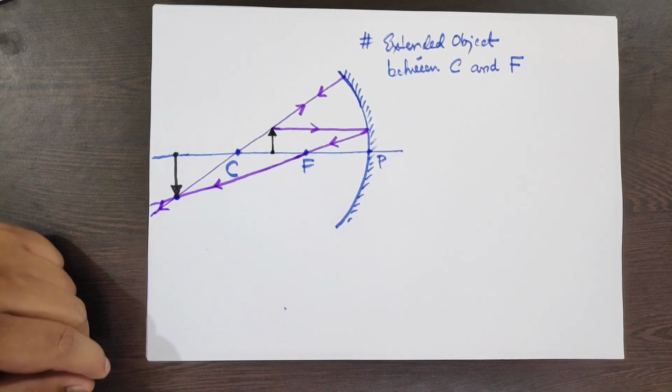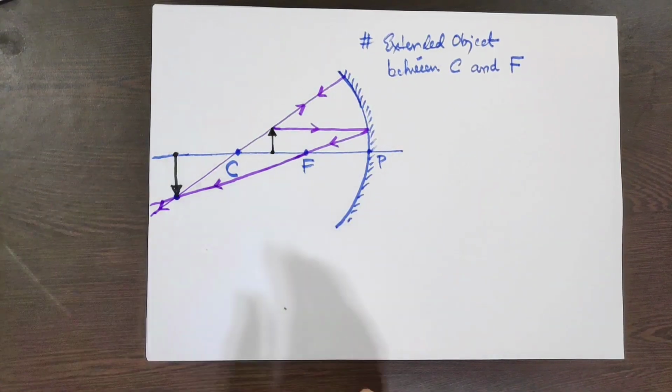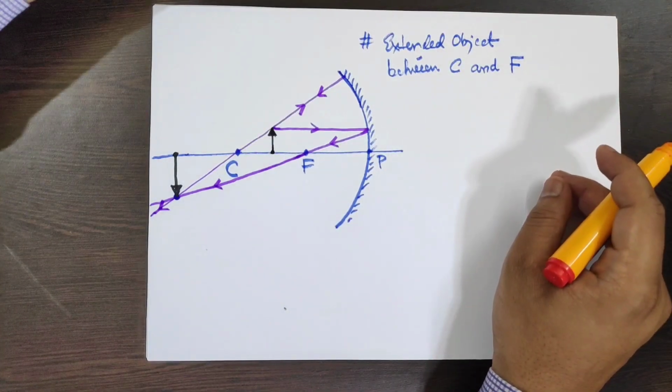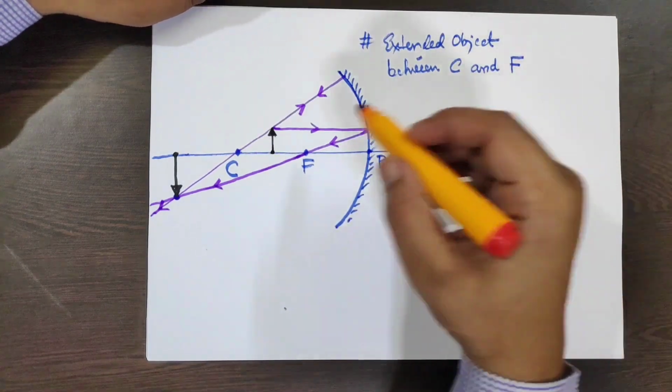So in this case, as you have seen, what can you say about the characters of the image formed? As in the last case it was diminished.